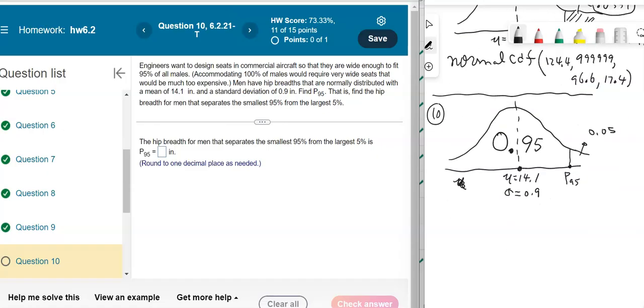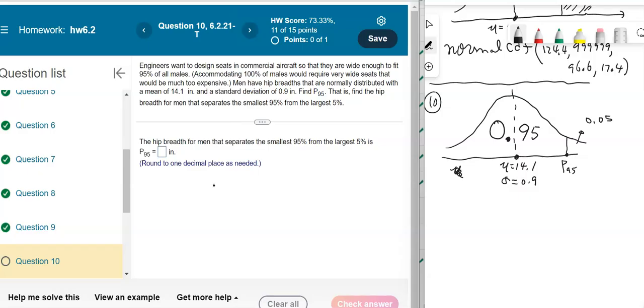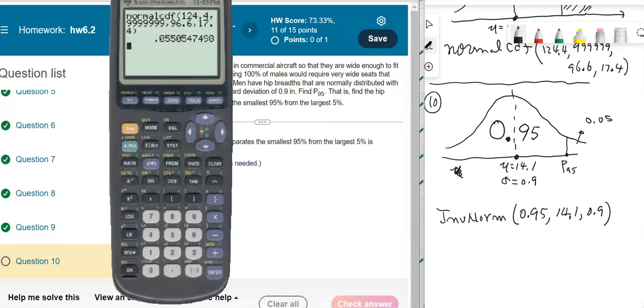But we know it is 0.95. So what we have to do is inverse norm 0.95, 14.1, 0.9. So go to the calculator. I'm going to clear that. Second bars. Go to inverse norm.